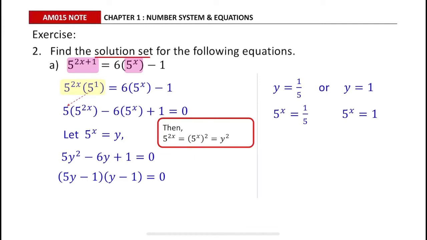Now, the 1 over 5 and 1 must be expressed in index form with base 5, where 1 over 5 equals 5 to the power of negative 1 and 1 can be expressed as 5 to the power of 0. Then, by comparing the indices, we have x equals negative 1 or 0. But remember, the answer must be in solution set. So, we write it in curly brackets.